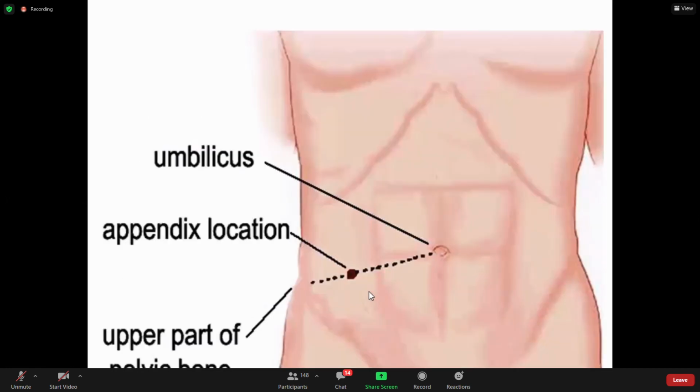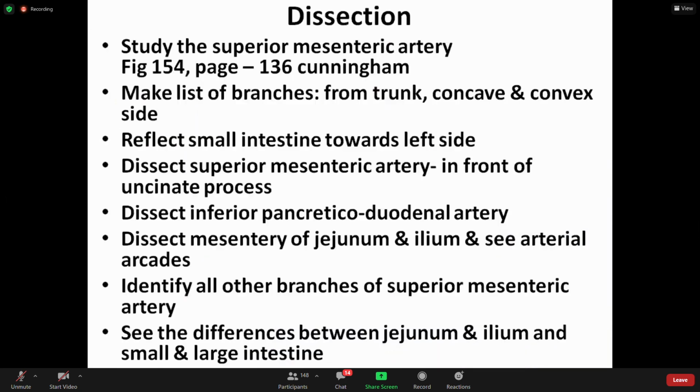The McBurney point is where you need to look for appendicular pain in case of appendicitis. If you draw a line from the anterior superior iliac spine up to the umbilicus, it is at the junction of the medial 2/3 and lateral 1/3. This is the point which you need to understand. These are some points related to the dissection.